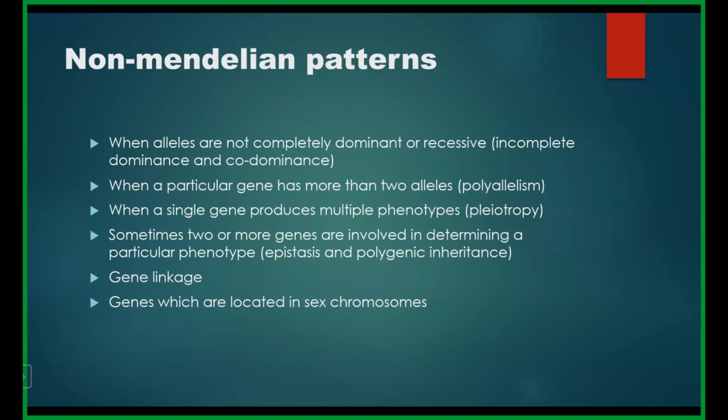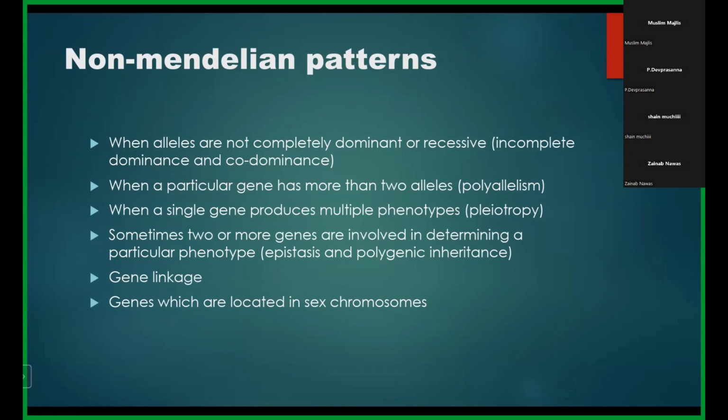Another case of non-Mendelian inheritance is when a particular gene has more than two alleles. It's called polyallelism, where more than two alleles are responsible for a particular phenotype. When a single gene produces multiple phenotypes, it's known as pleiotropy.